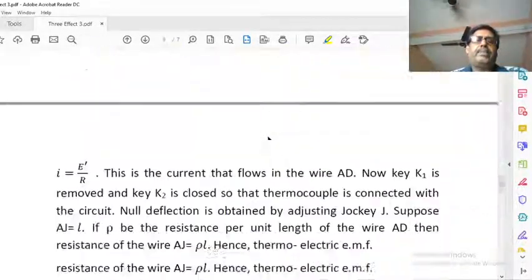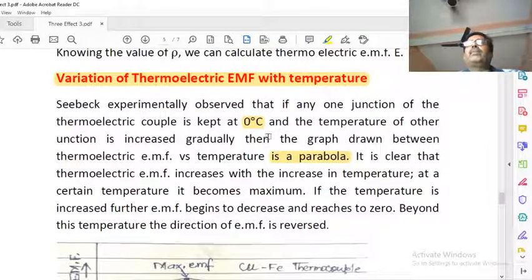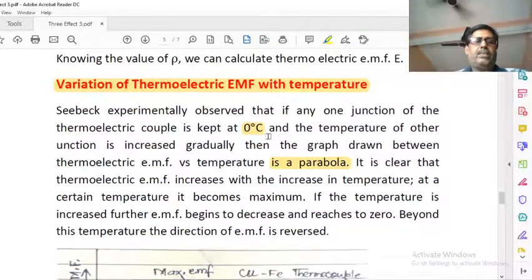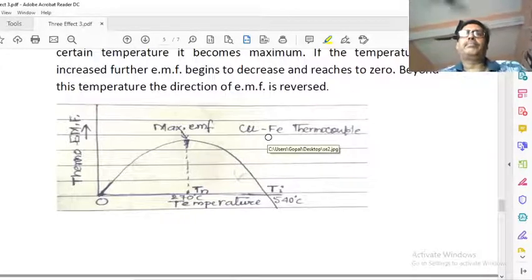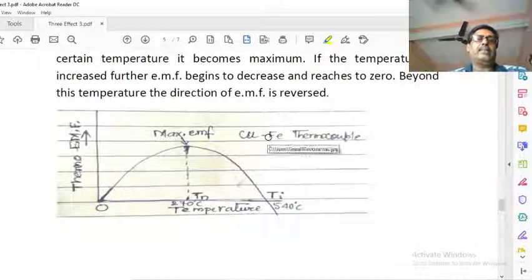So if the temperature difference is changed, current will change, or you may say EMF will change. So we plot a graph between EMF versus temperature, and the graph comes out as a parabola. We put one junction at 0 degrees C and the other junction is heated, so the temperature gradually rises.